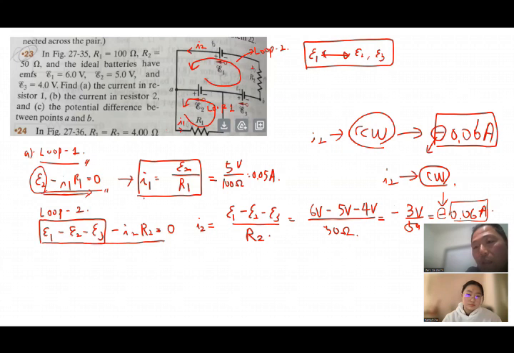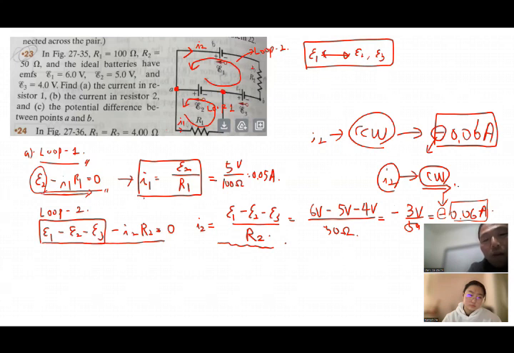So this indicates the I2 should be clockwise. So from that, now I have to change the direction of current, this direction, right?